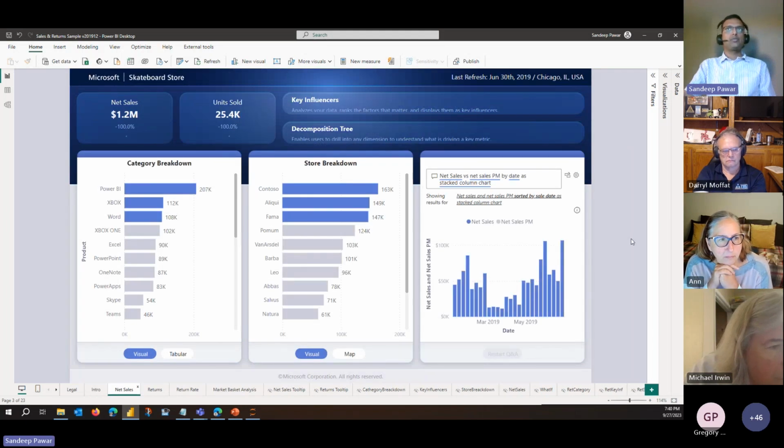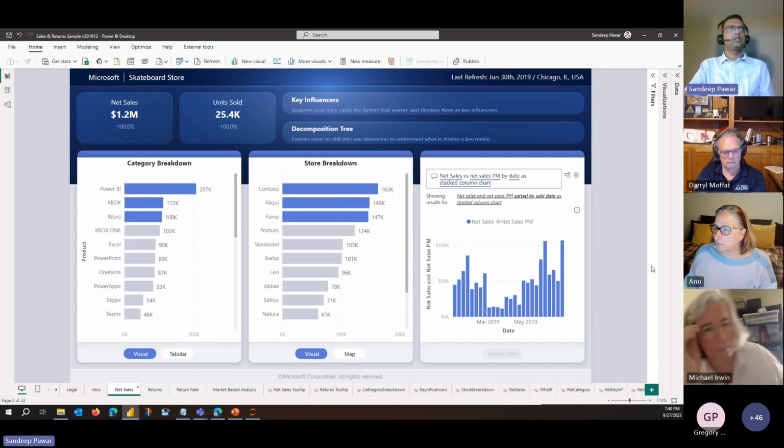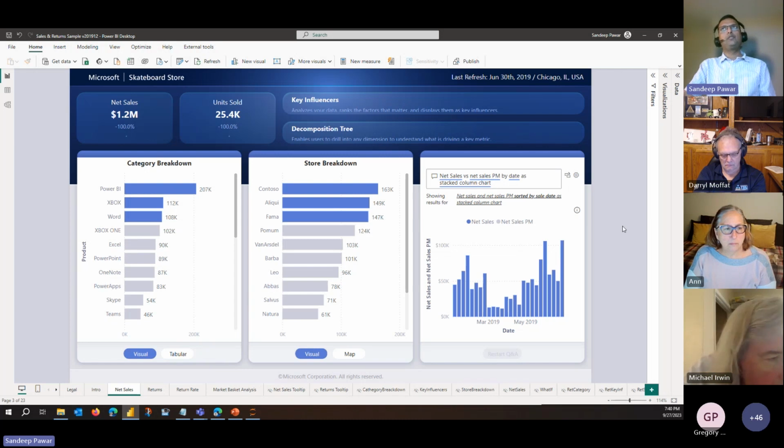As the name suggests, we have sales for a company. I don't know what company this is. It doesn't look like Adventure Works or anything, but this is a company, and in this report you will see the sales data and the returns data. If you are a Power BI developer and you produce something like this, your boss would be very proud of that.